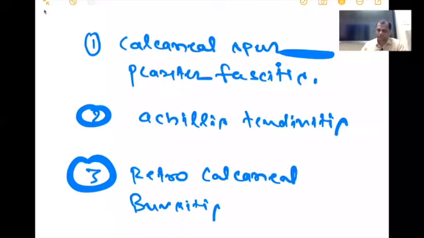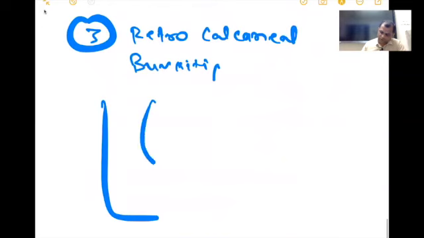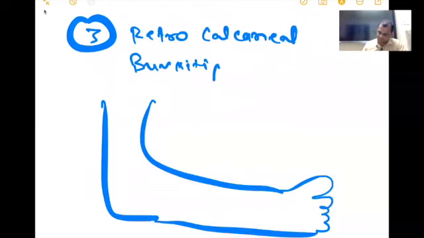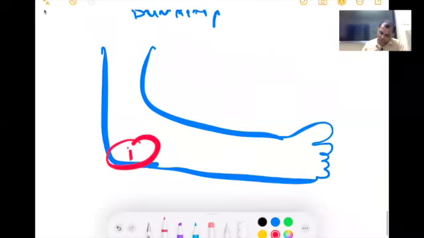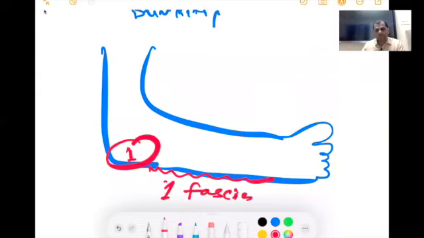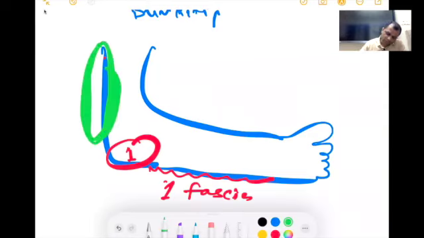So there are three causes. Simply, one: this bone having a problem, or this fascia having a problem. Cause number two: this tendon having a problem.